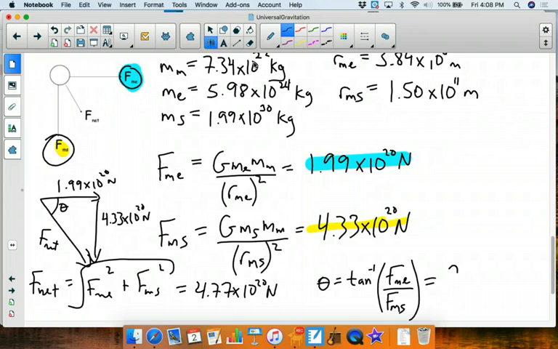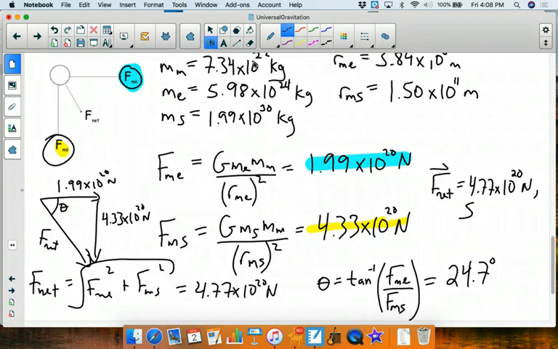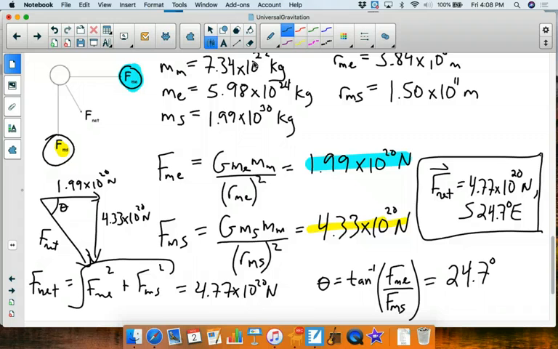When you plug that in, you get 24.7 degrees. So our net force as a vector is 4.77 times 10 to the 20 newtons, and the direction is, we'll say, south 24.7 degrees east. Those don't mean much, but there's the answer.